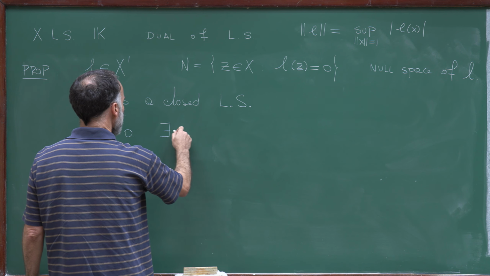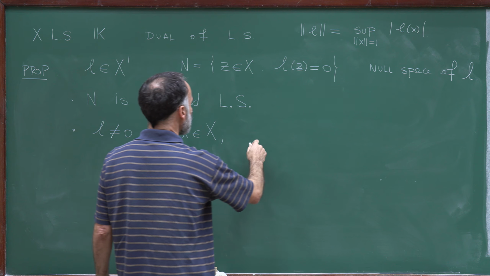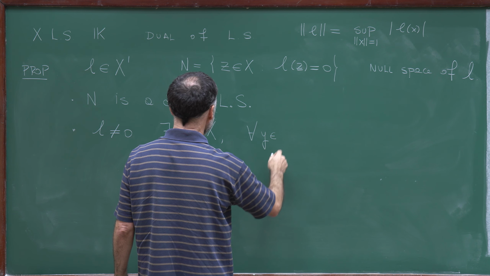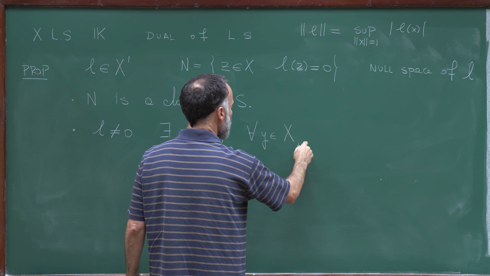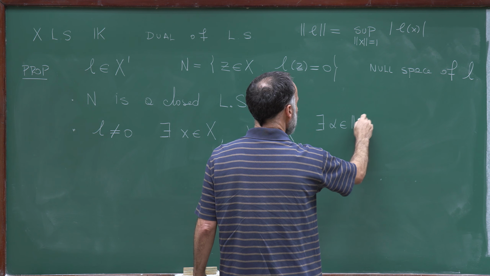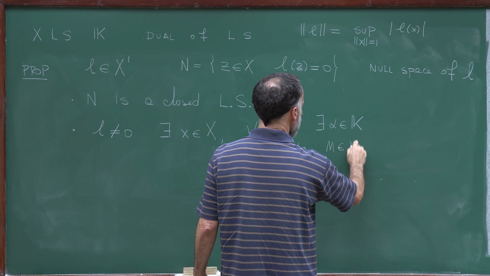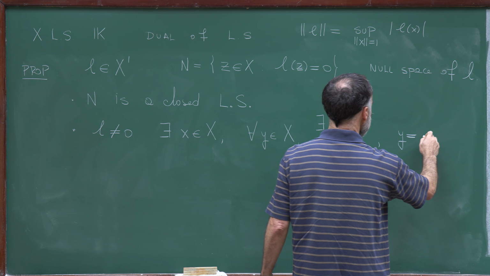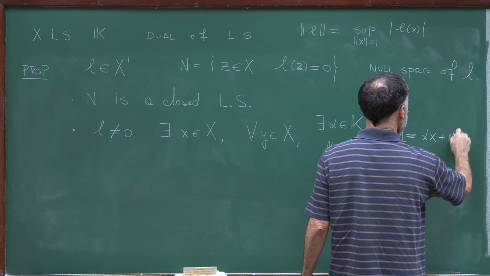There exists a point x in X such that for all y in X, there exists a scalar alpha and there exists an element n in my null space N, such that y is equal to alpha times x plus n.